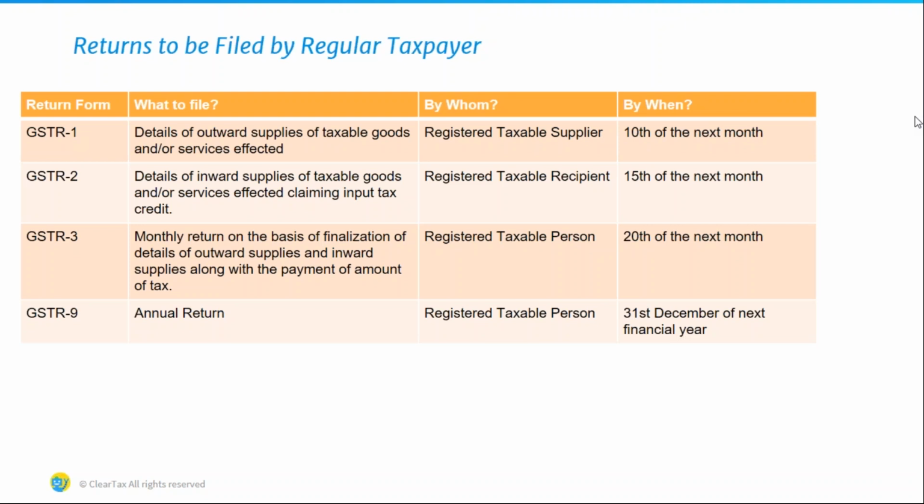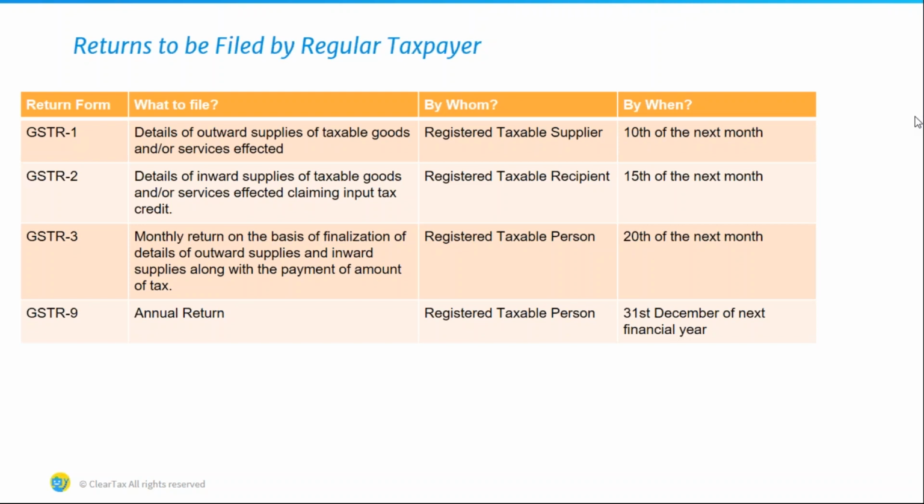Now, there are a few concepts which we are not discussing in detail today, but I'll just mention them. Maybe in our future series we'll take those points as well. One is the concept of compliance rating. Every business under goods and service tax will have a compliance rating given by GSTN on the basis of your level of compliance, and that will again give insights to the buyer.